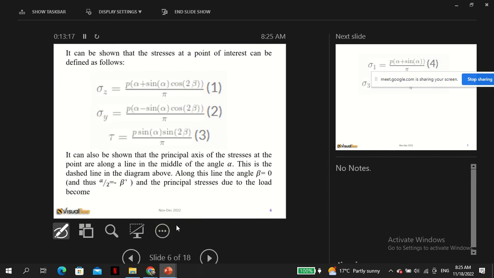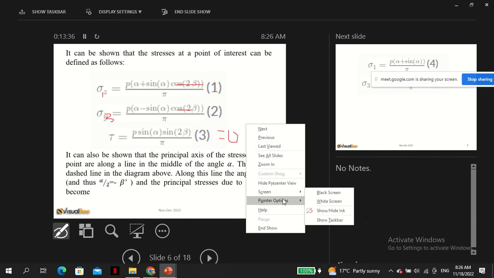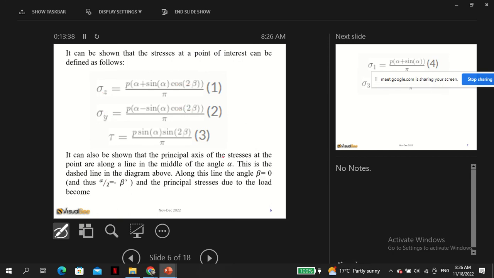It makes sense because you can see here, you substitute, this one disappears, this one disappears, and this one becomes 0, which is true because we are on the principal plane. So this becomes sigma 1, and this becomes sigma 3, and this reduces to nothing because on the principal planes the shear stress in fact is 0. That's the point.